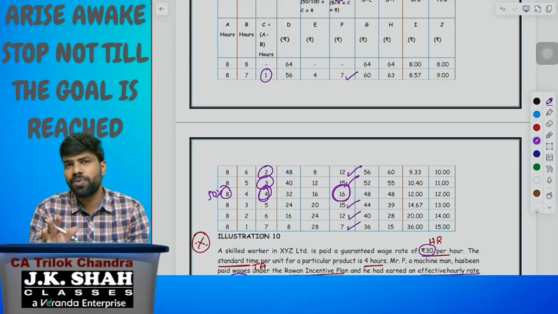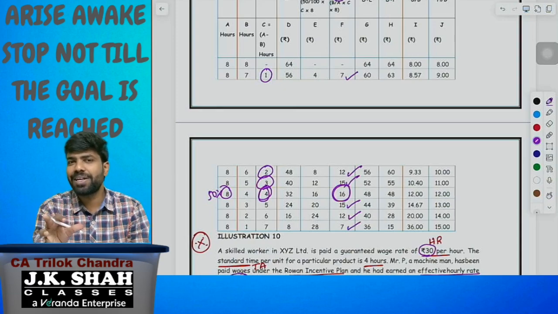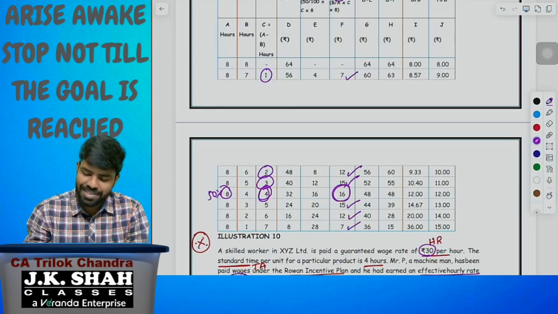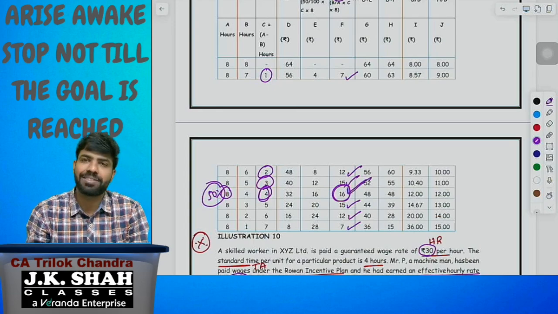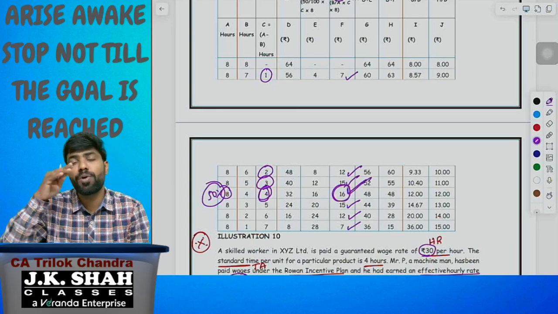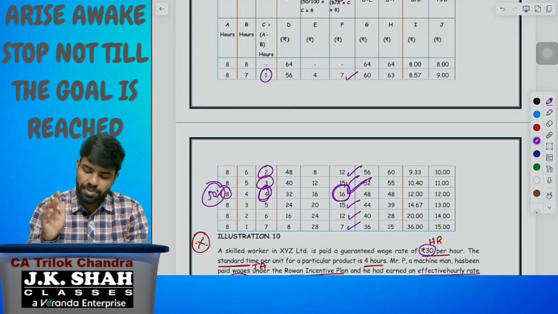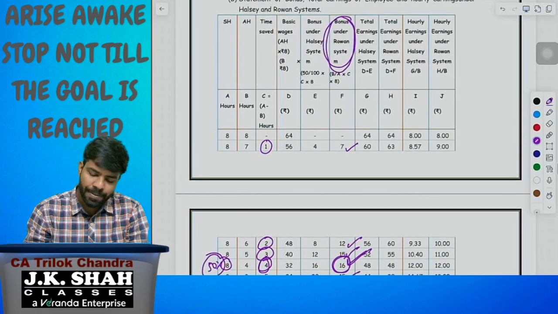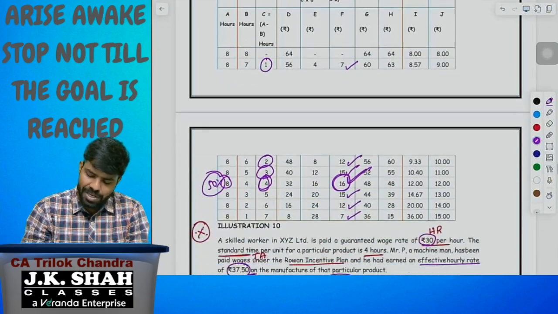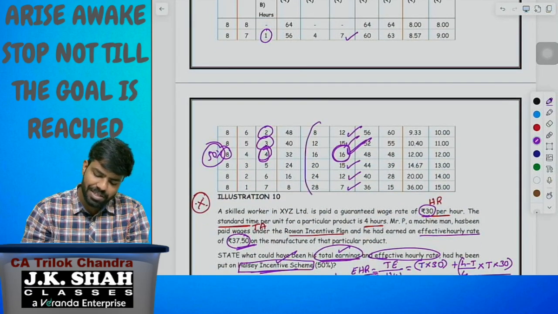So what will the worker do? The worker will try to maintain time saved at 50% so that he can make more bonus. Are you understanding? Under the Rowan scheme, if you take Halsey, bonus under Halsey keeps on increasing: 8, 12, 16, 20, 24.